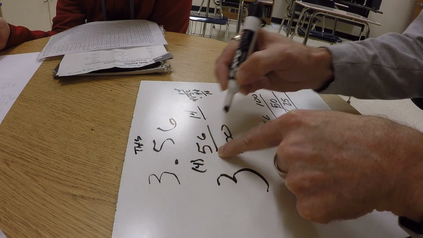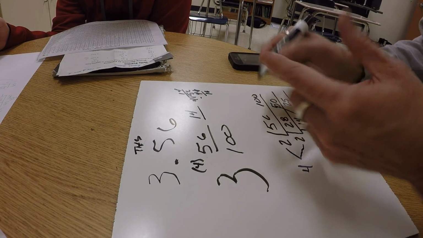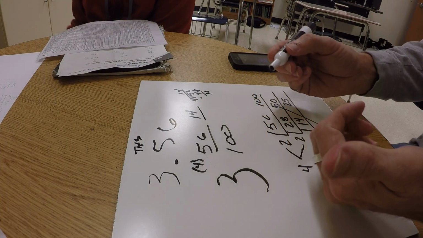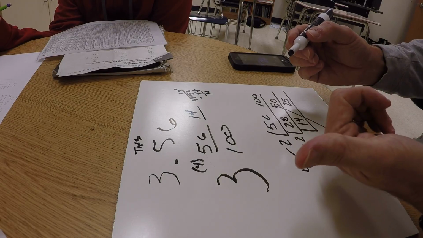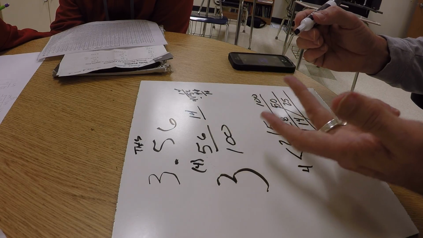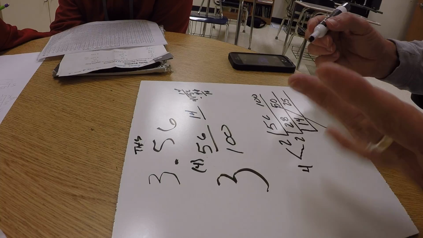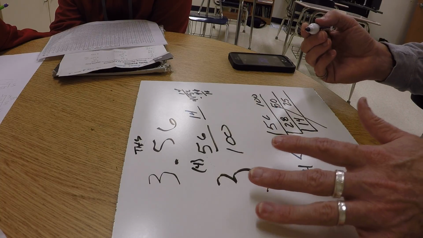And then 4 will go into 100. We look at it kind of like money, like 25 cents, 50 cents, 75 cents, $1. So it's going to go 25 times.